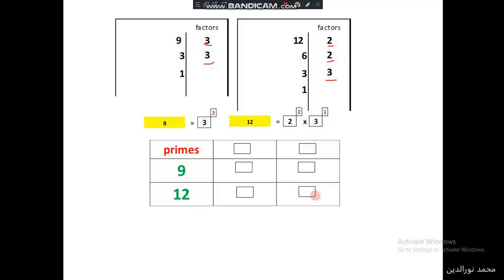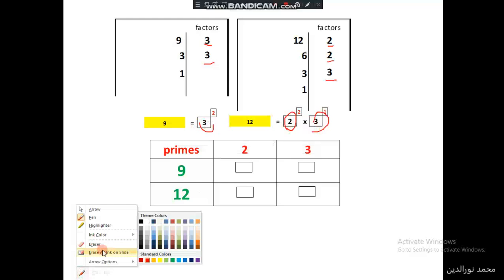And then we have to fill this table. We draw the table first, we put the primes on the horizontal row, and we put the numbers on the vertical column. We have two kinds of primes, which are 2 and 3.